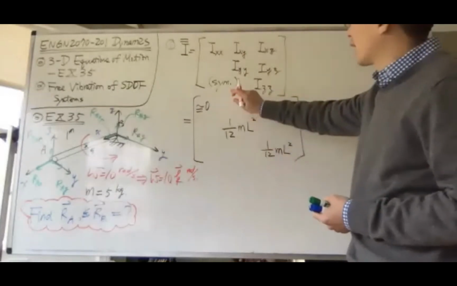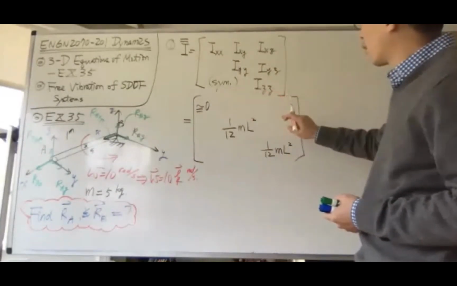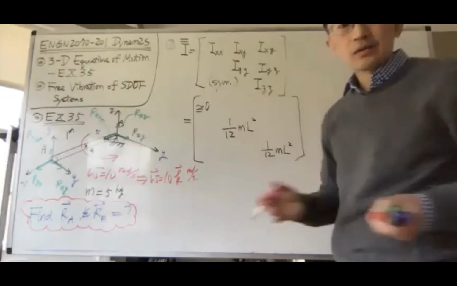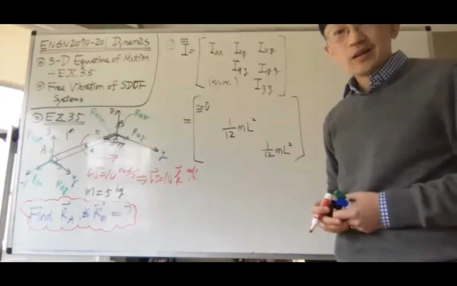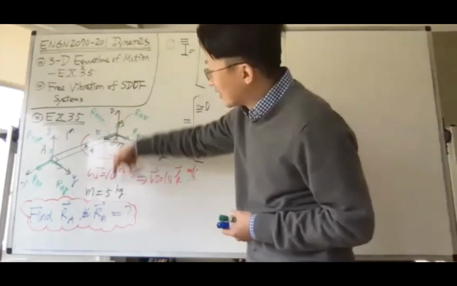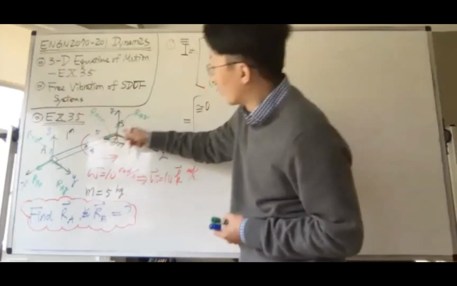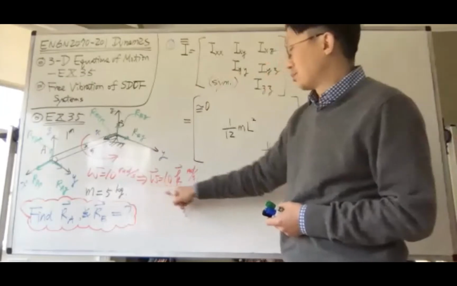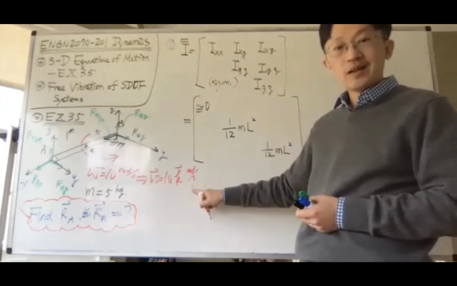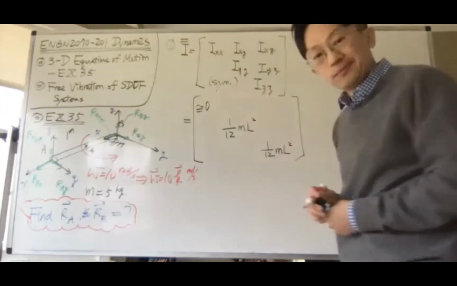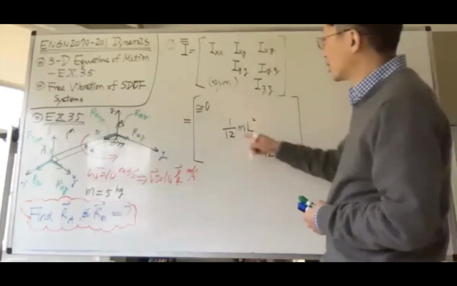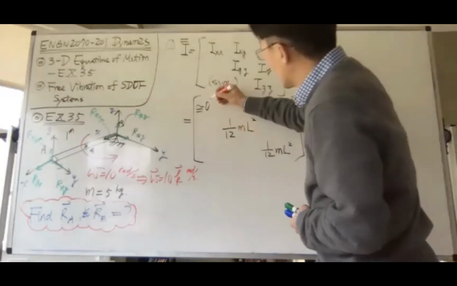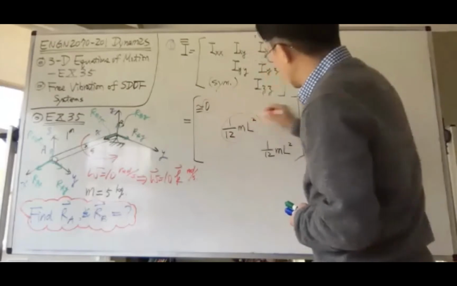If that's the case, you don't have to worry about IXY, IXZ, IYZ, because they don't concern you. The rotation is not on the XY plane, the YZ plane, or the XZ plane. Rotation is practically just one component. So you can just ignore this for now. You just need to know the 3 of them, which is this one, and this one.